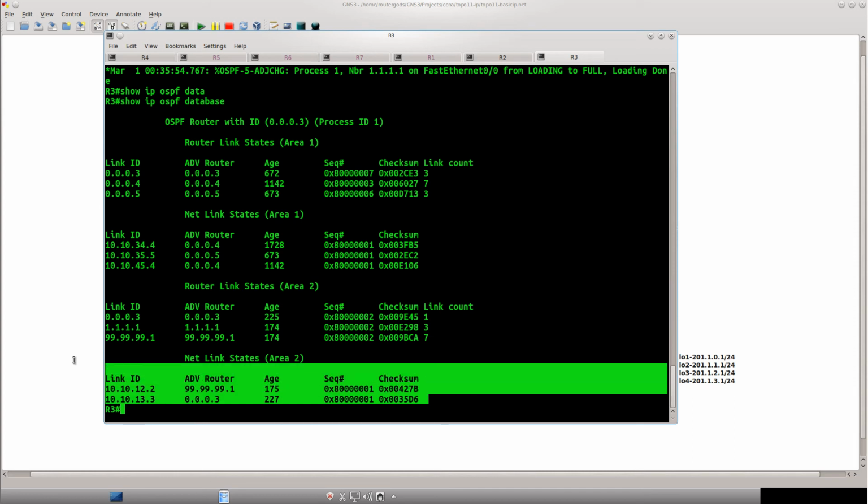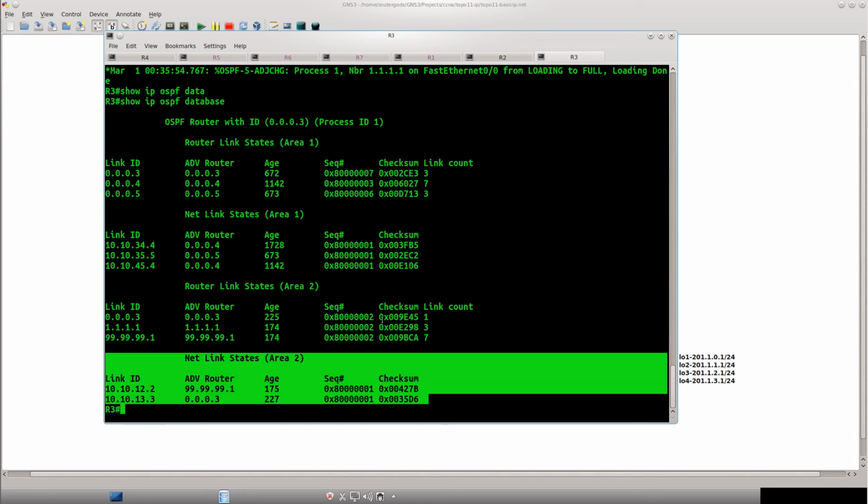We see the network LSAs, but we're missing something very important. We're not seeing what's called the summary network link states. The summary network link states is how you get to another area. So if you can't get to another area, you're not going to have connectivity to that center triangle, and the guys in that center triangle can't get to the left. So we have an island here where people can't talk to each other.